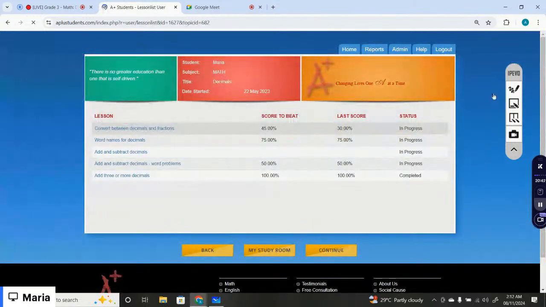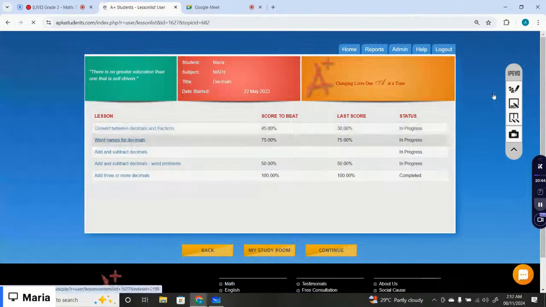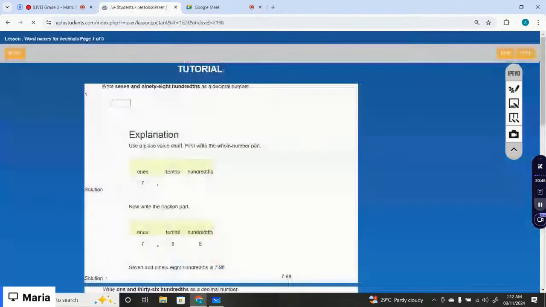The next lesson is word names for decimals. Write 7 and 98 hundredths as a decimal number. So the number that is before "and" is the whole number, right? So 7 is a whole number and 98 hundredths. 98 hundredths tells you the digits that would be after the decimal.